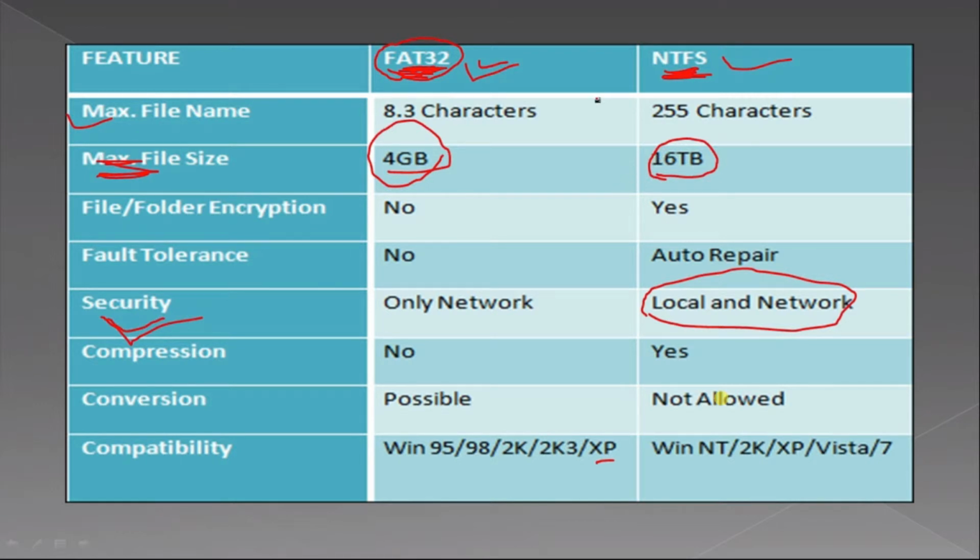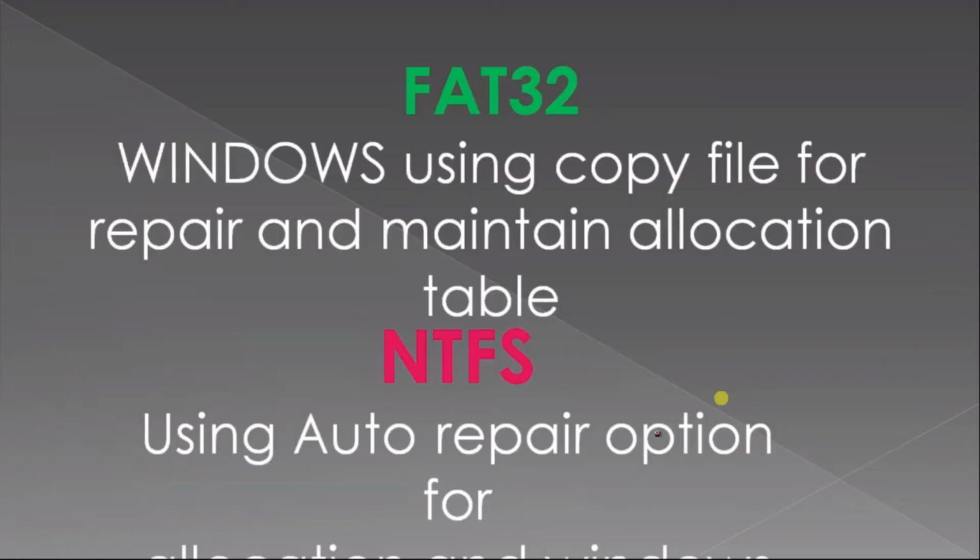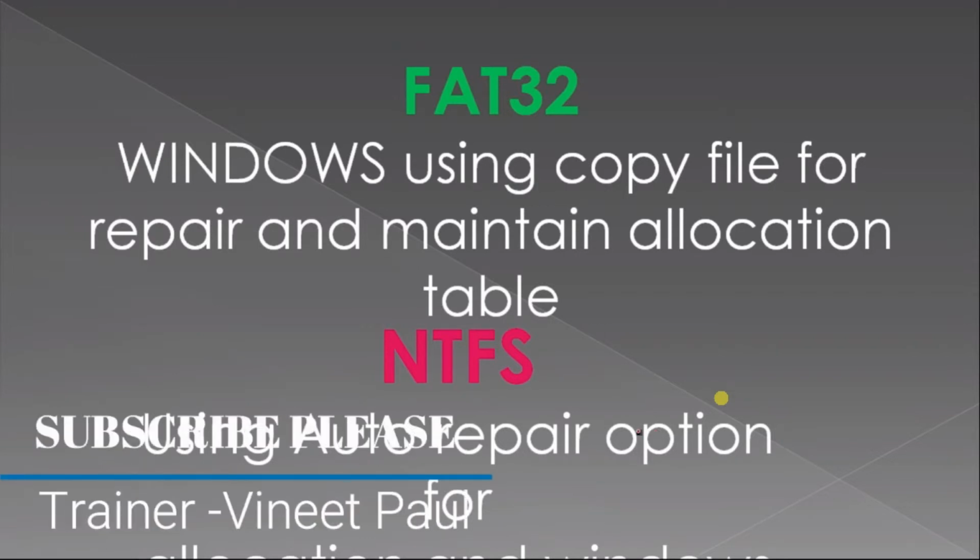And the fault tolerance difference: FAT32 is not able to repair its files automatically, but NTFS repairs its files automatically. That is the big difference between the NTFS and FAT32 file systems. Now we discuss another part of FAT32. Windows uses copies of files to repair the file allocation table.